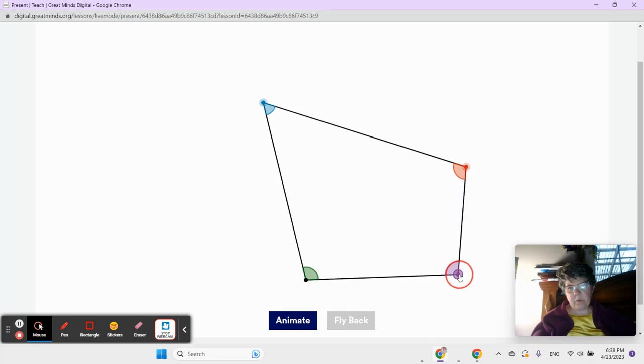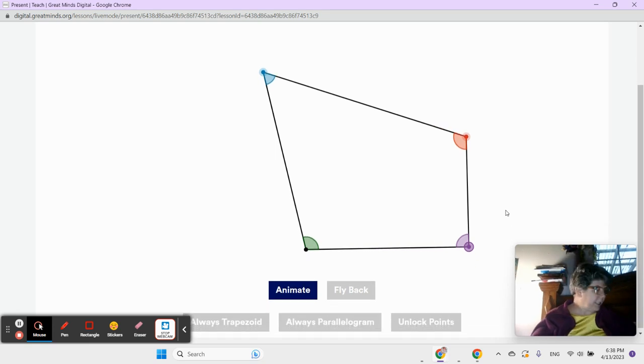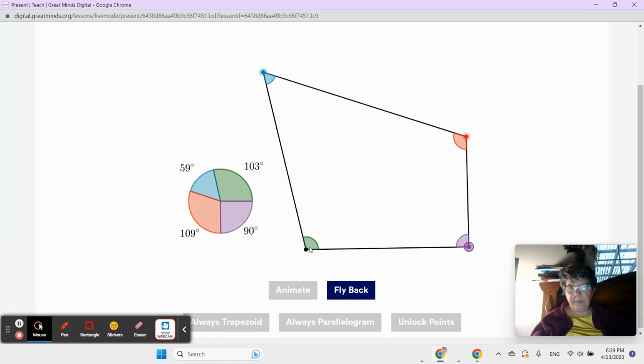What do you notice about the angles now? Watch this. I'm going to pick up every angle and put them together here, and they all add up to 360. The interior angles of a quadrilateral add to 360.